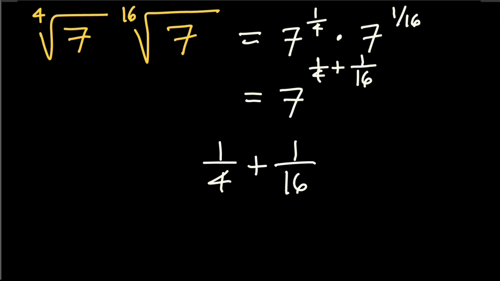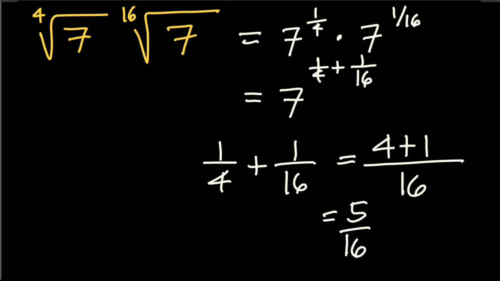Adding fractions with different denominators, we get the LCD, the least common denominator, or the smallest number that can divide both 4 and 16, and that is 16. So 16 divided by 4 is 4, then 4 times 1 is 4, plus 16 divided by 16 is 1, then 1 times 1 is 1. So this is equal to 5/16.